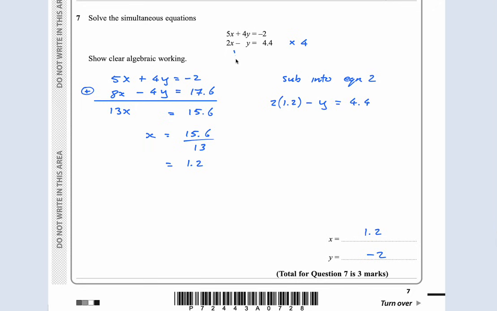So I've subbed it into this equation here. 2 times x, but x is 1.2. So this is 2.4 minus y equals 4.4, so minus y equals 4.4 minus 2.4, which is 2, and then multiply across by minus 1. y is equal to negative 2, which is what I expected.